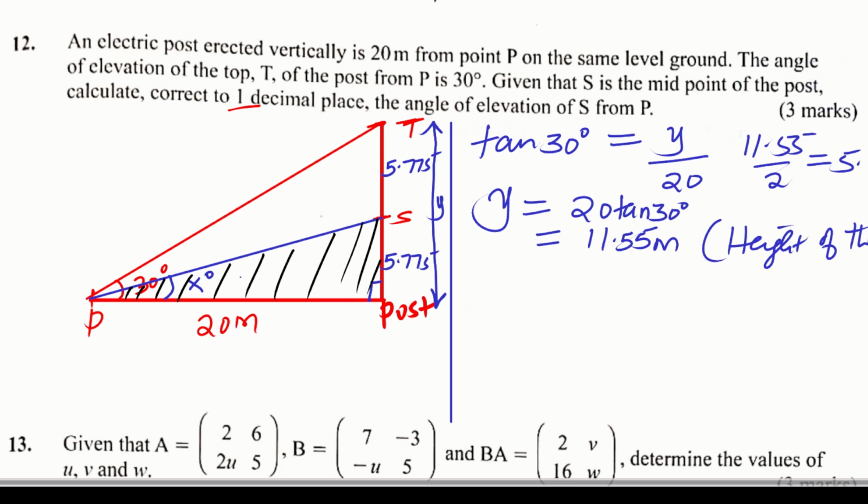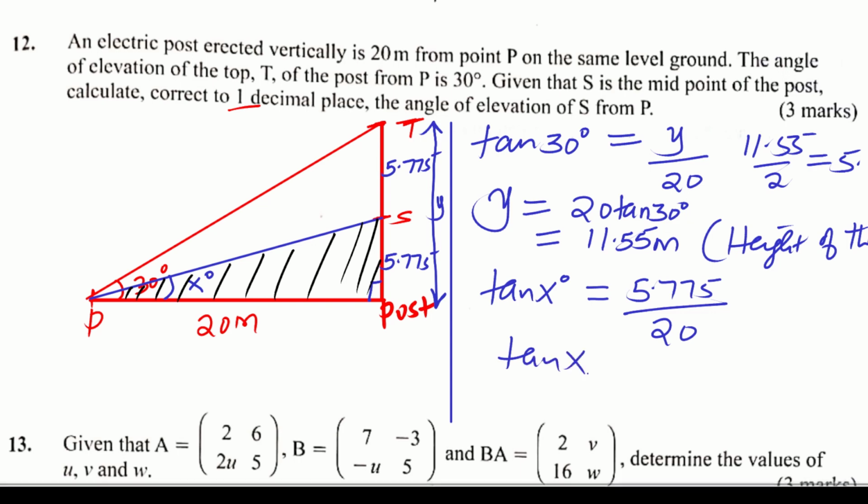The angle of elevation of S from P is X, so tan X degrees is equal to the opposite side, which is half the length of the post, 5.775, divided by the horizontal distance 20.